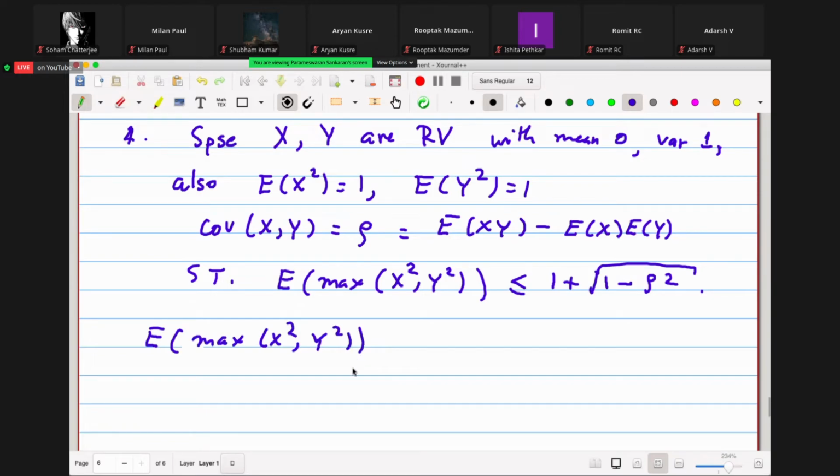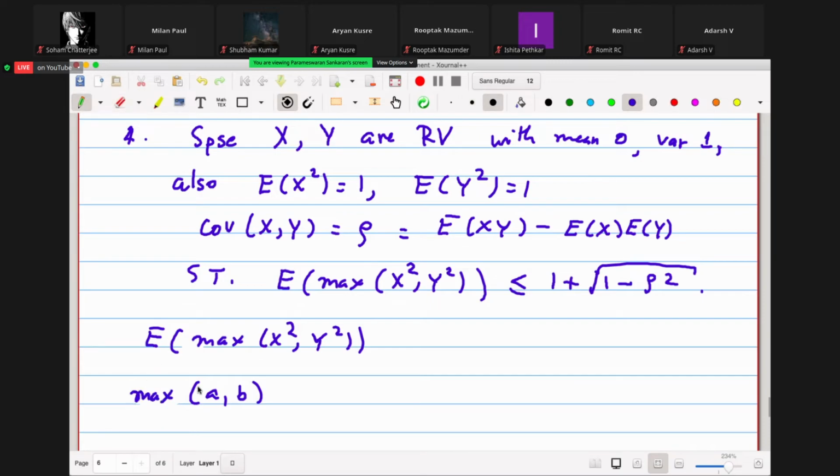In order to do this, you need to understand how to express maximum of two numbers, a and b. Let us say a and b are both non-negative. Anyway, this will work.